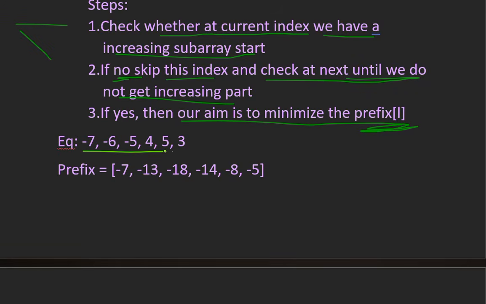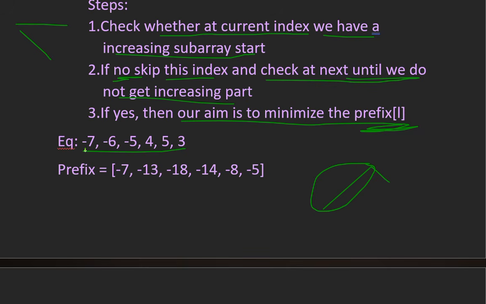So let's take an example to understand this thing. Suppose we have minus 7, minus 6, minus 5, 4, 5 and 3. This is the subarray. So which elements should we consider in this part to maximize the sum?